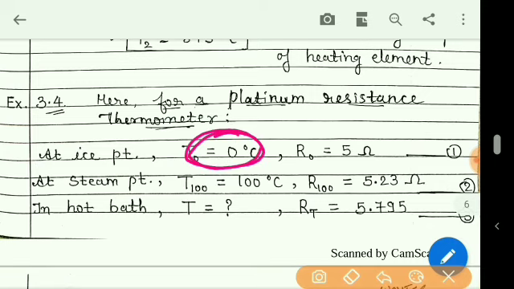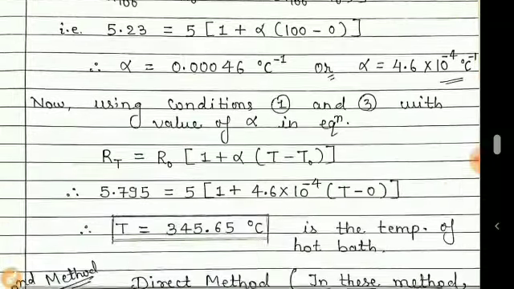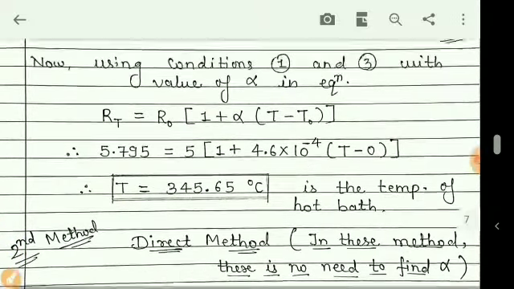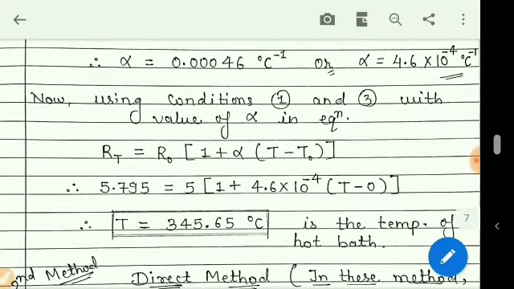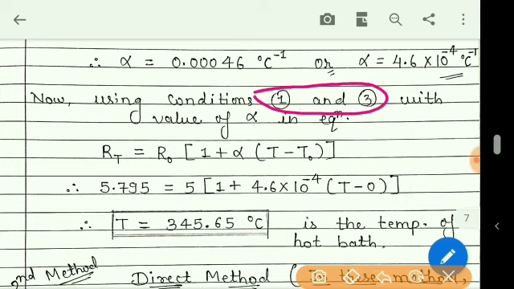So when there is a 0, calculation becomes easy. Otherwise, you can use the second and the third condition and put the values. The answer will be the same only. But to make it simple, I am using the first and the third condition.